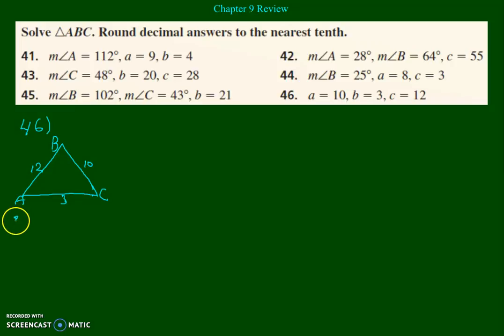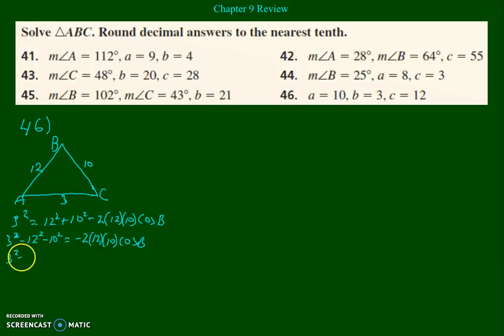So that's going to be 3 squared equals 12 squared plus 10 squared minus 2 times 12 times 10 cosine of B. Now we're going to pull these guys on the other side. 3 squared minus 12 squared minus 10 squared equals negative 2 times 12 times 10 cos B. We're going to divide by this quantity.